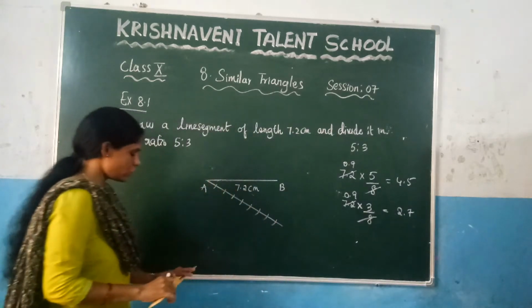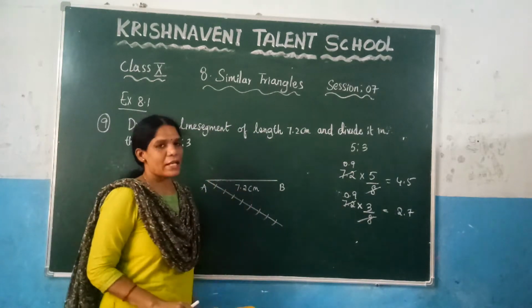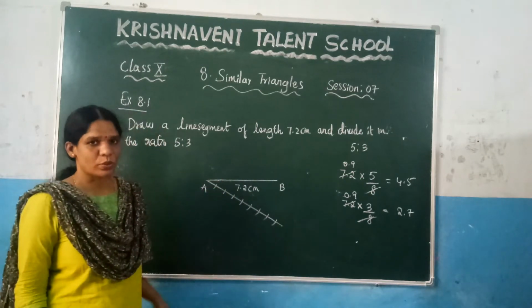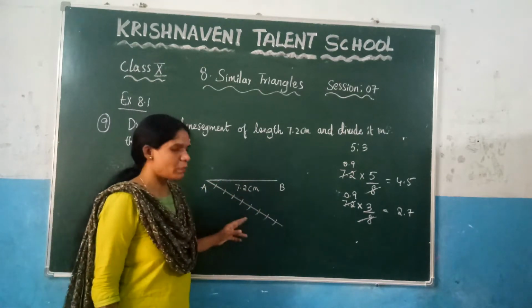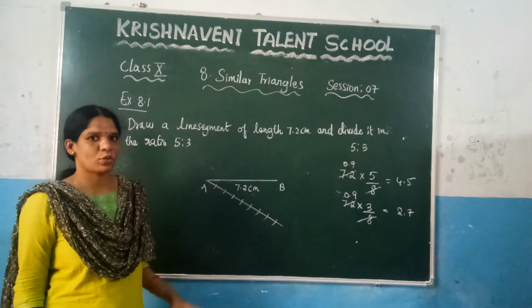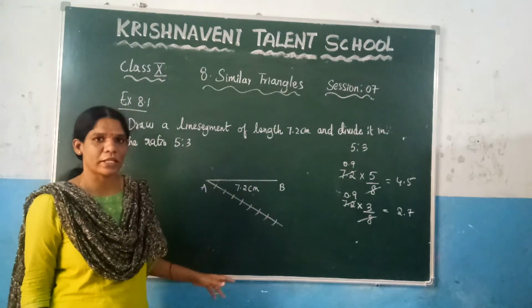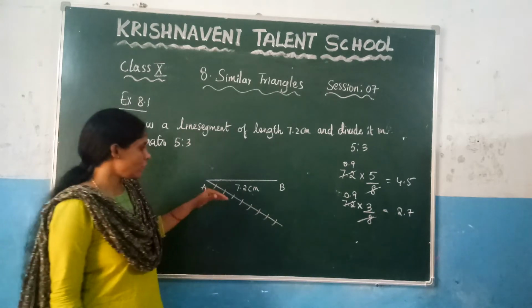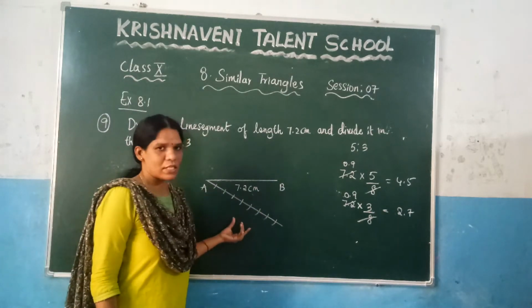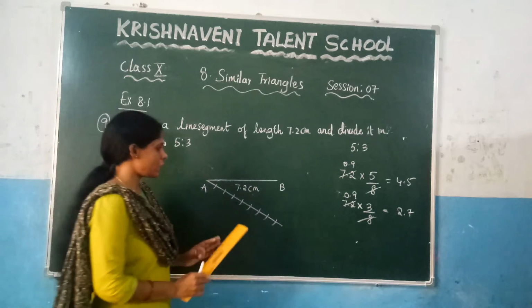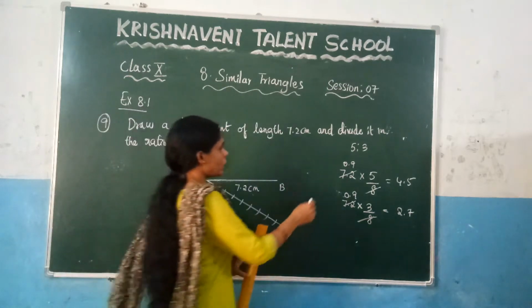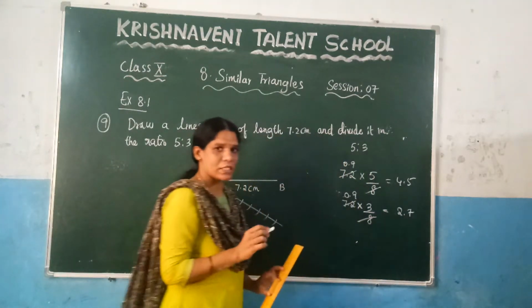First what we need to do? First we need to draw a line segment which is of length 7.2 and you have to divide this AB into 5:3 ratio. For that we are taking one more line and we are drawing one more acute angle like this, such that we will divide this line. And after that, what are the total parts, which is 5 plus 3, which gives you 8.